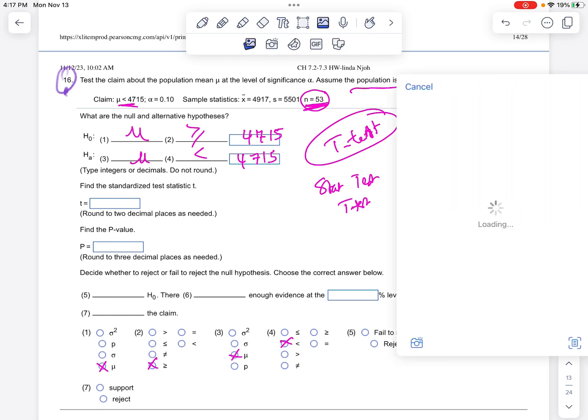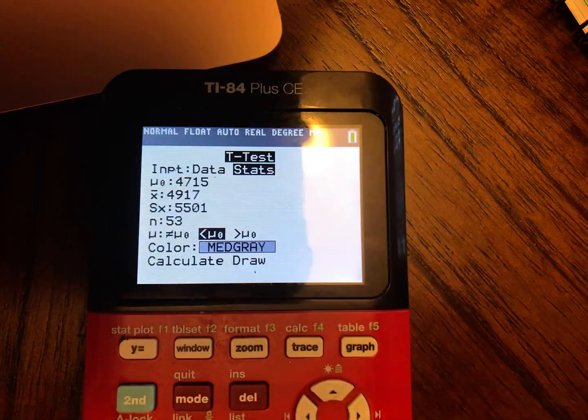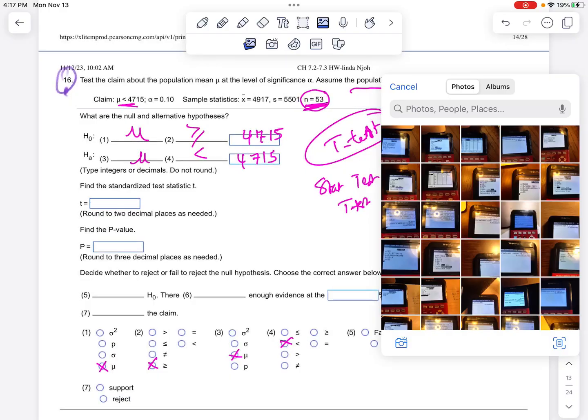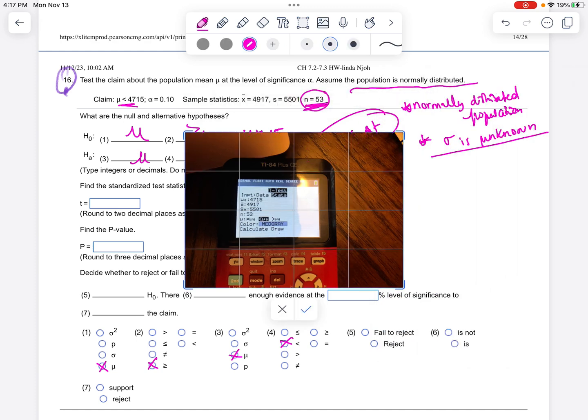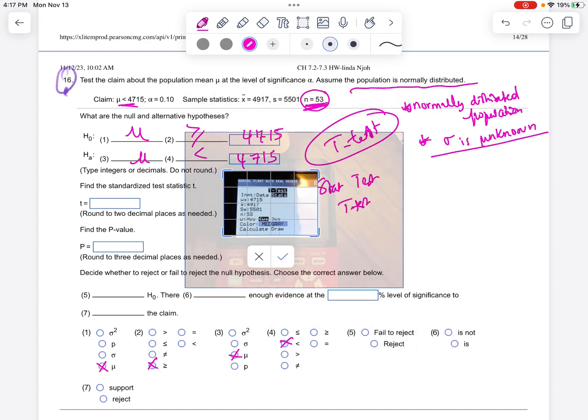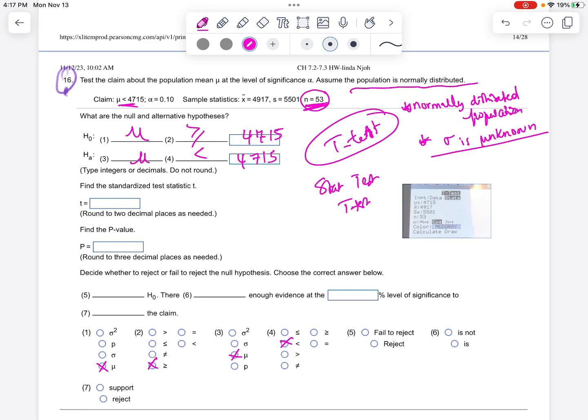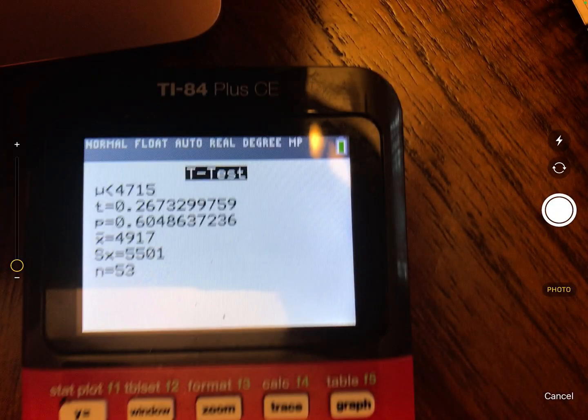So this is how you put it together. Make sure it's a t-test. If you put z-test here, it's not going to work, people. Make sure you have a t-test. I gave you the conditions. All right, once you calculate, our results are right here.